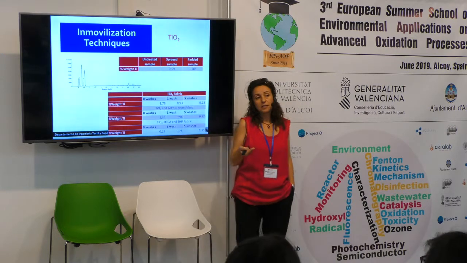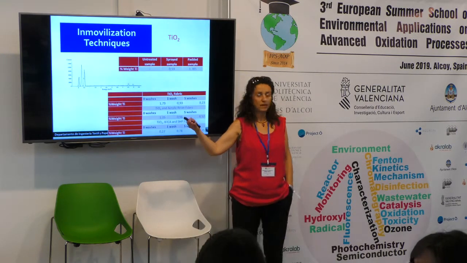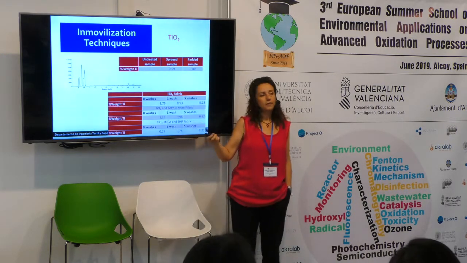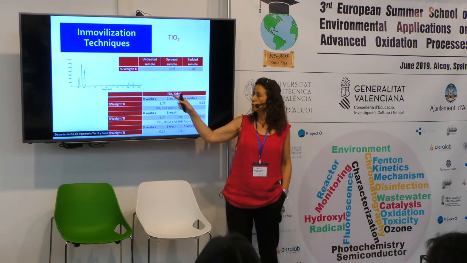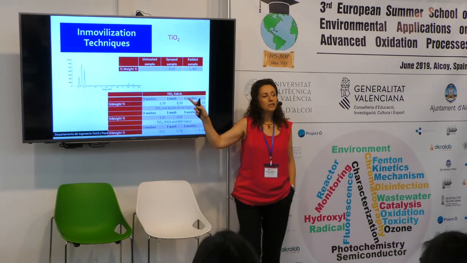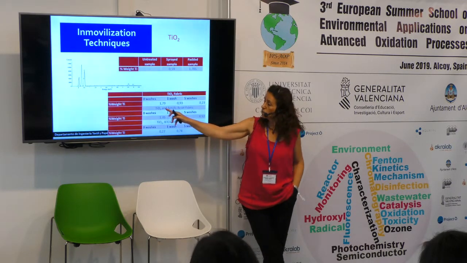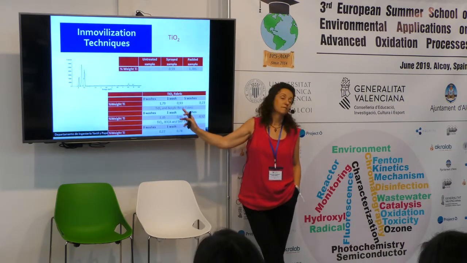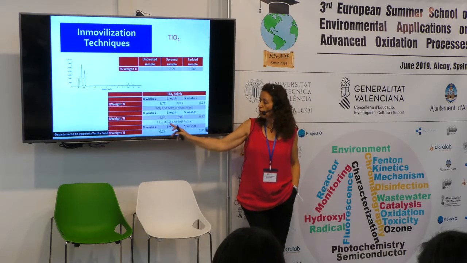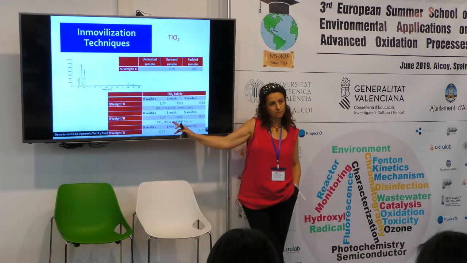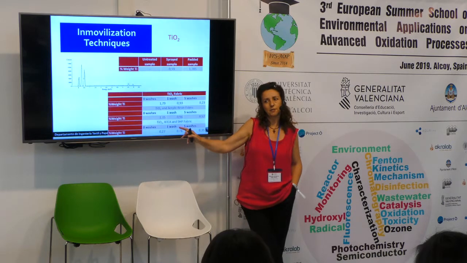Later on, we washed the fabric once it had been treated with titanium dioxide, but also once it had been treated with titanium dioxide with an acrylic binder or with a polycarboxylic acid as a cross-linking agent, okay?